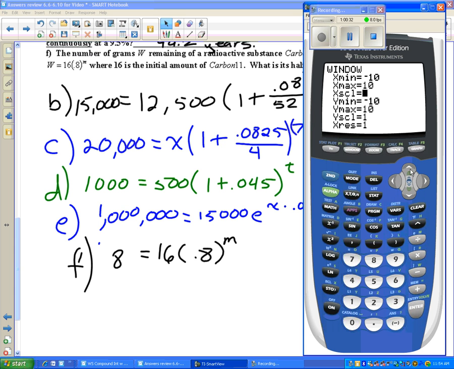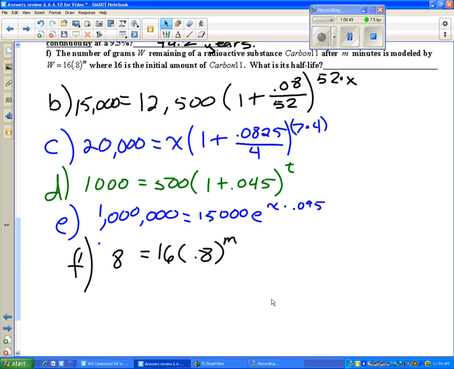Now my x's, I might need to go a little larger than 10. Let's go 20. If I can see it, I can find it. Second trace, number 5, 1, 2, 3, 3.1. So m is for minutes, so this is 3.1 minutes. That's the end of the review.